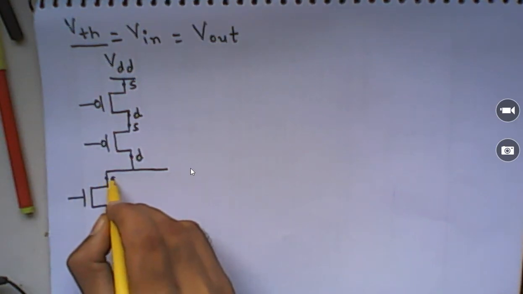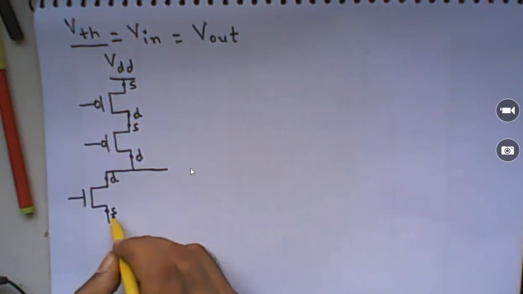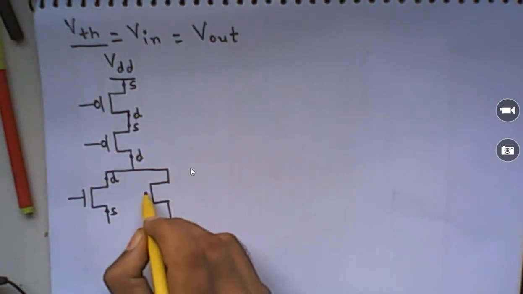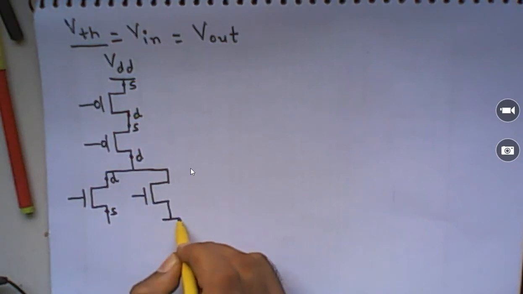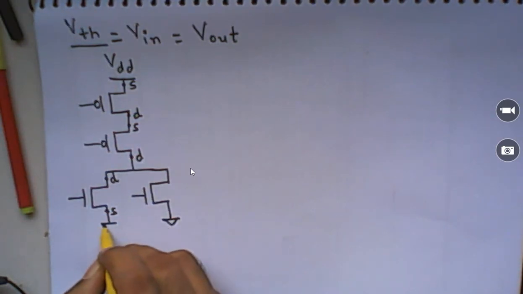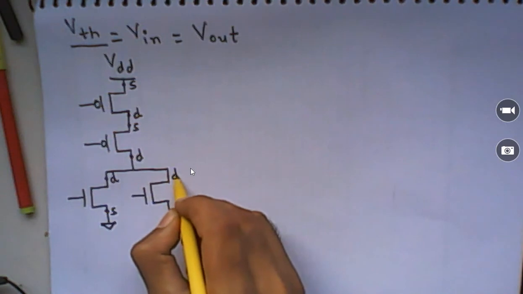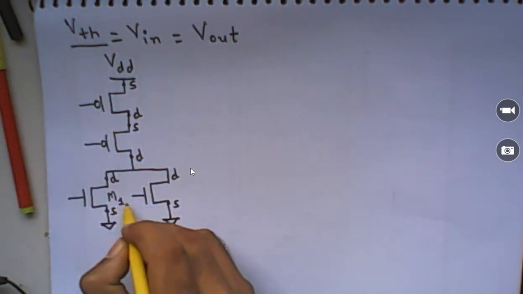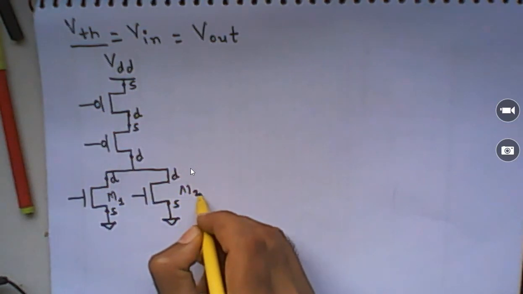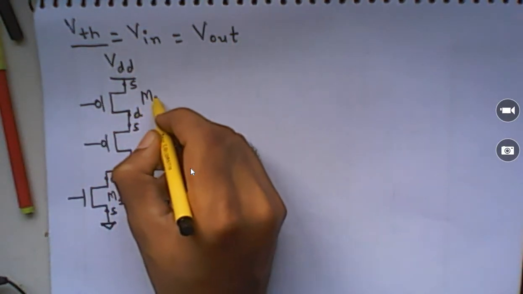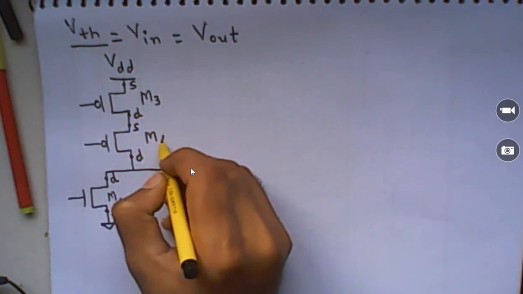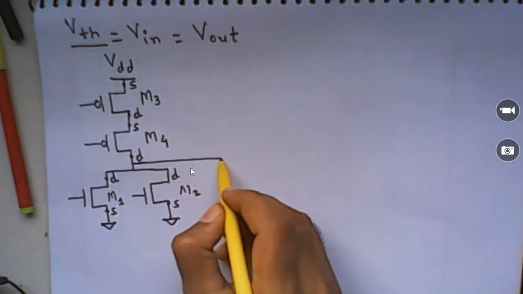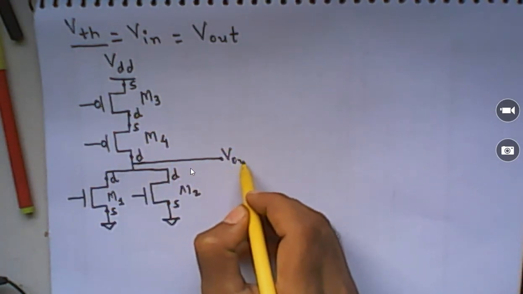This one is the drain and this one is the source, and here also another NMOS with drain and source. Let me call this MOSFET M1, this MOSFET M2, this MOSFET M3, and this MOSFET M4. Here we can see the output is from this, so here it is our Vout.